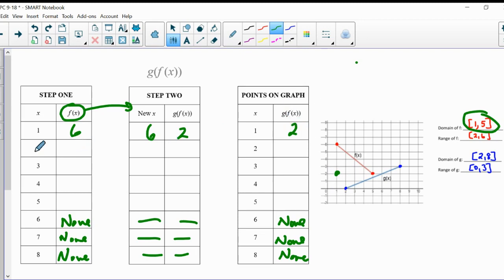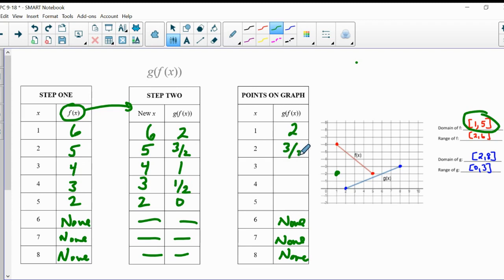Now I'm going to continue doing this. When I substitute 2 into f, I get 5, and so on. 3, I get 4, 4, I get 3, 5, I get 2. So those now become the new x values that substitute into g. So now g of 6, I got 2. g of 5, I get 1.5, or 3 halves, and so on, all the way down.